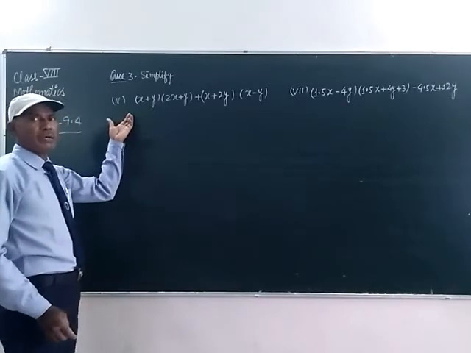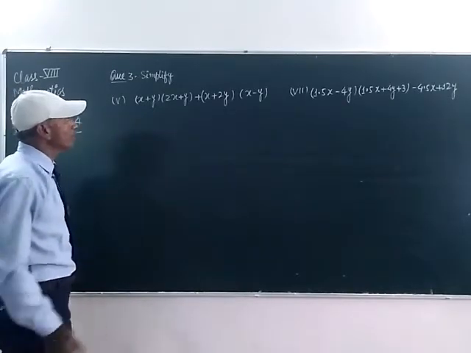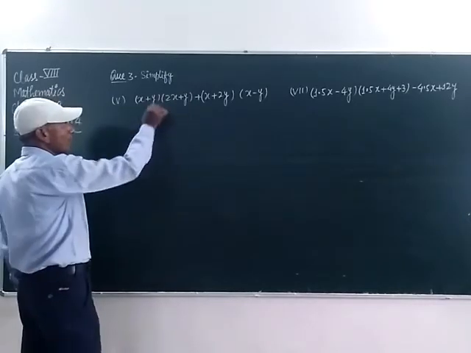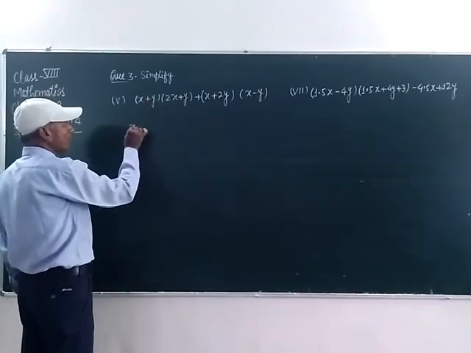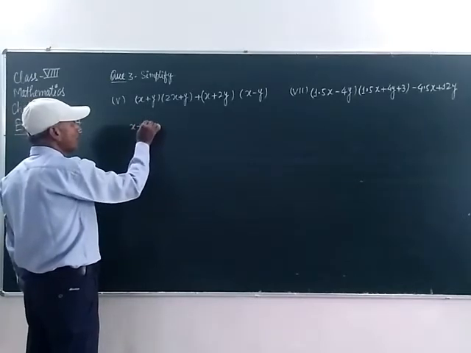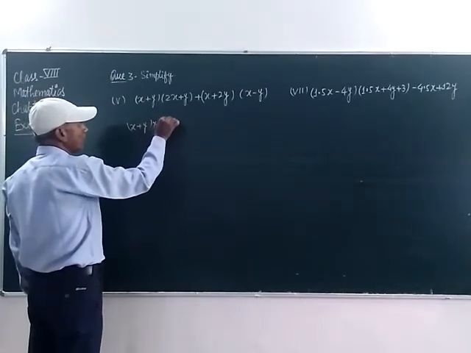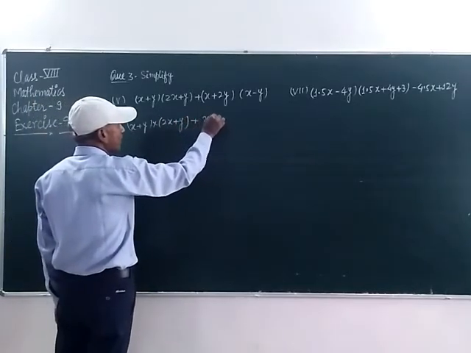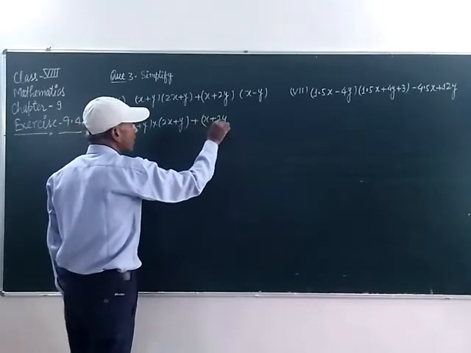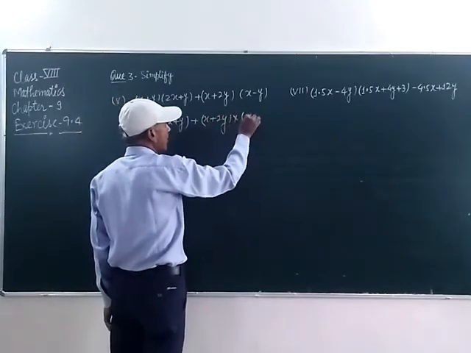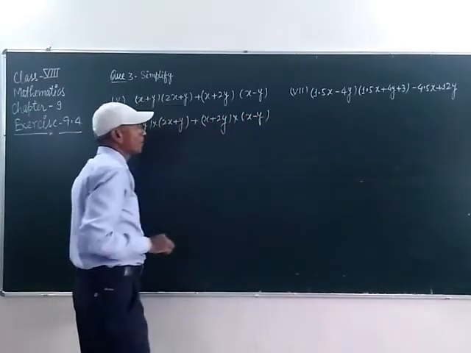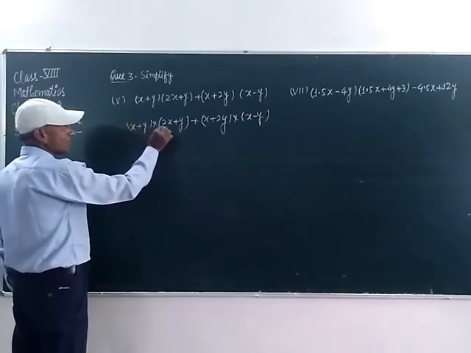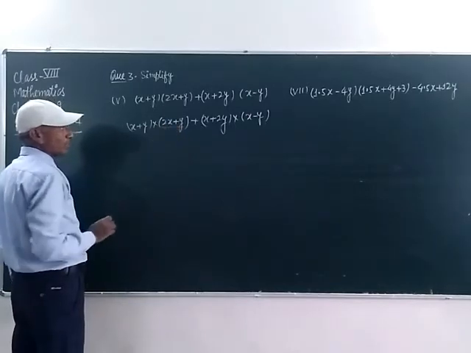This is the fifth part of the question, student, and in this we have to multiply these binomials. So first of all, we have to multiply (x + y)(2x + y) plus (x + 2y)(x − y). In this, student, we multiply x with 2x + y first.